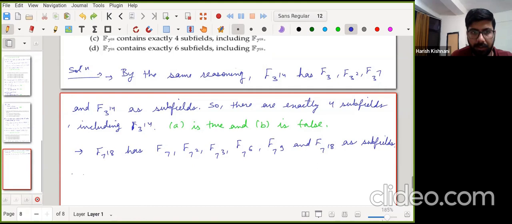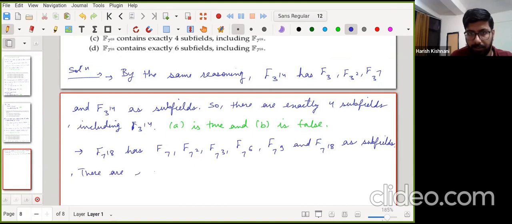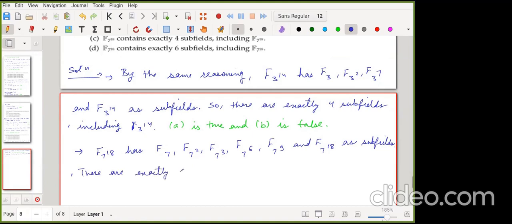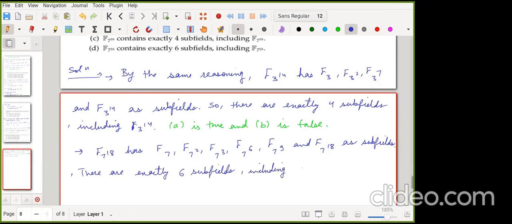There are exactly 6 subfields, including F_{7^18}.